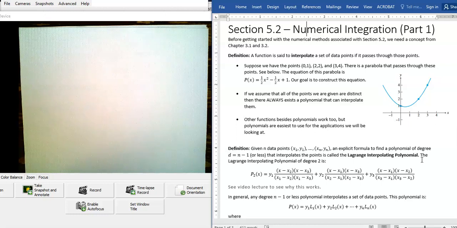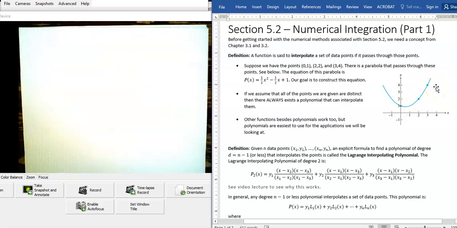So if we consider these points here, we have (0, 1), (2, 2), and (3, 4). You can see here that we can draw a parabola through those points. This parabola is called the interpolating parabola or interpolant, and this gives us a way to create functions given data points.